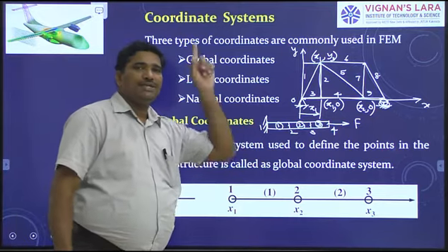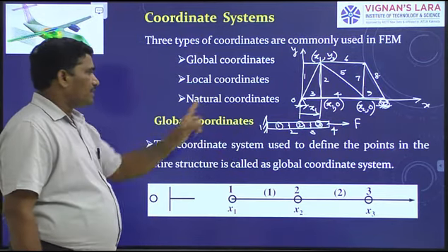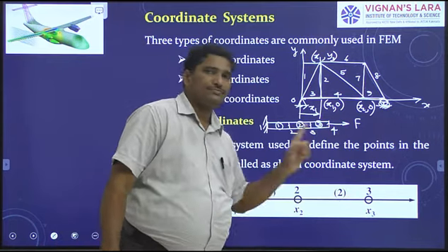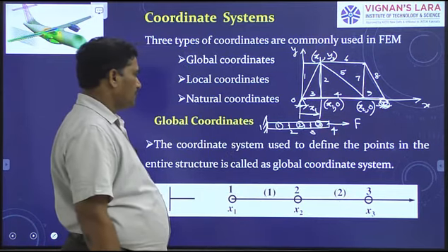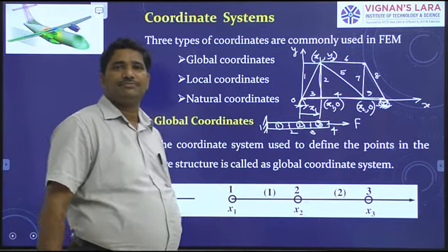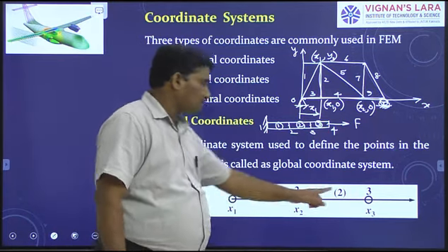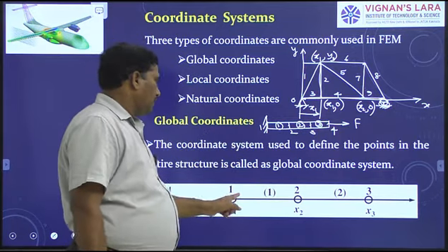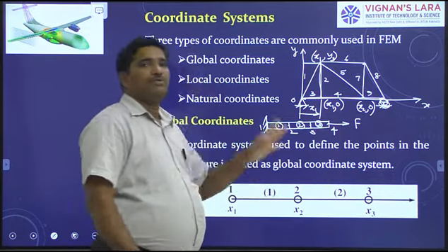So how do you represent this? You can represent this domain like this. Here I have taken only 2 elements, not 3 elements. Right? It is a 2 element, 3 node model.